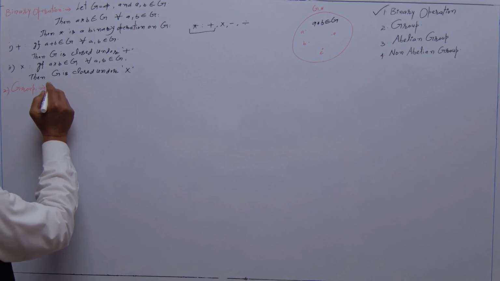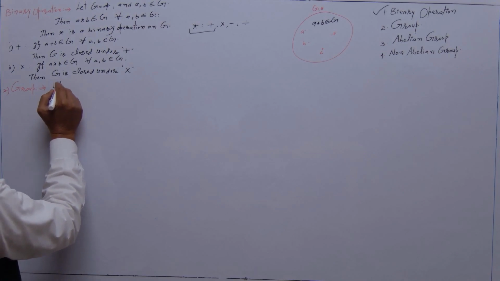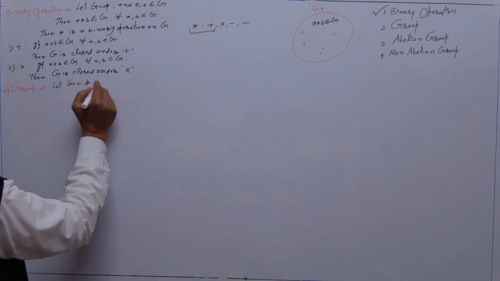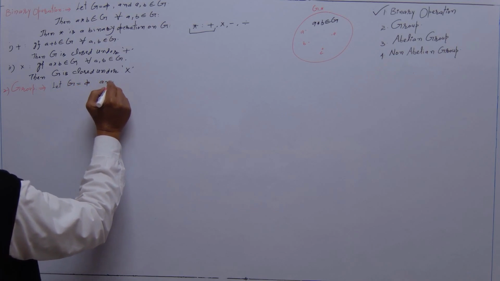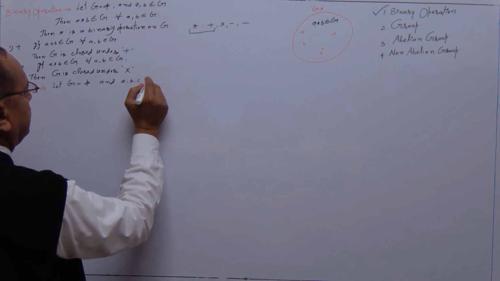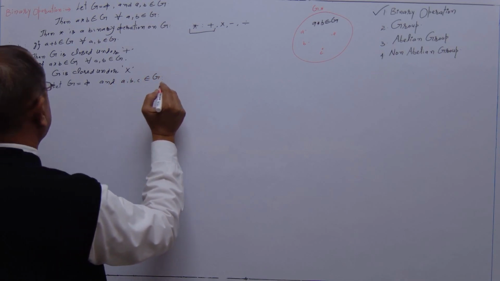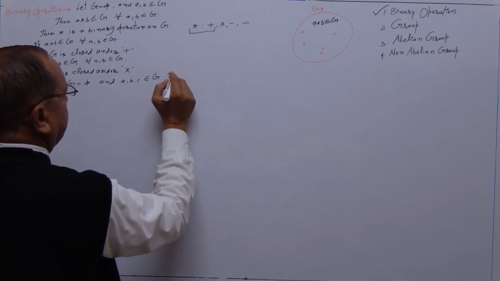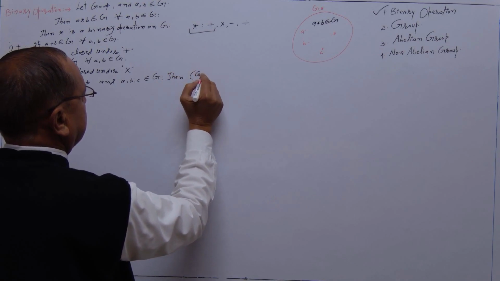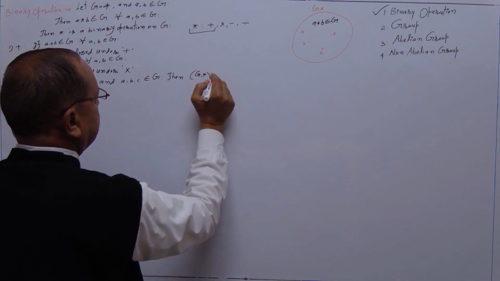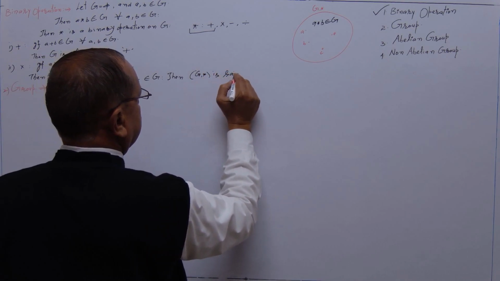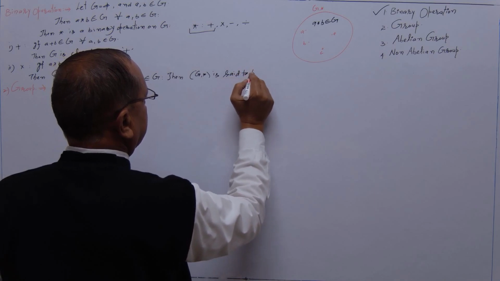In this group, let G be a non-empty set phi and elements a, b and c belong to G. Then this algebraic structure (G, star) is said to be a group.